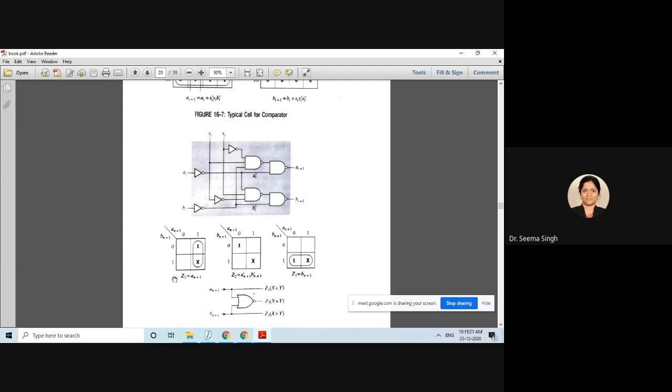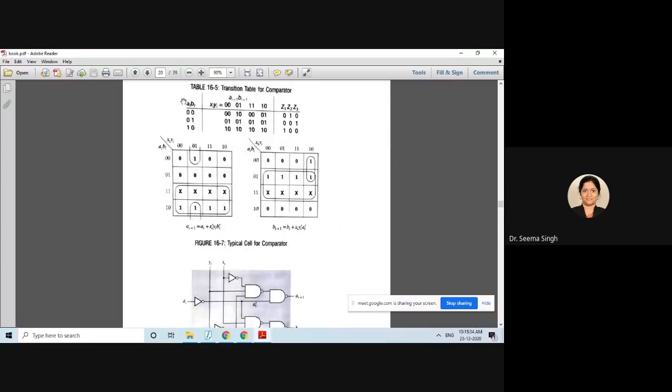Now z1 will be high, that is when y is greater than x is happening with the case when your a was 1 and b was 0. Now we can again check here. When a was 1 and b was 0, that was given to a case when x is greater than y and z1 is 1.